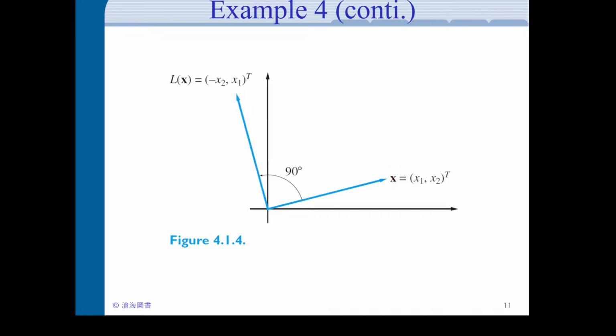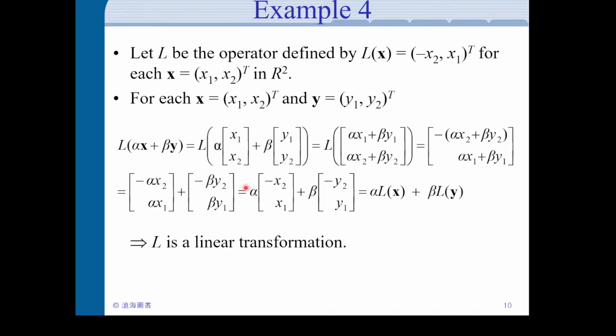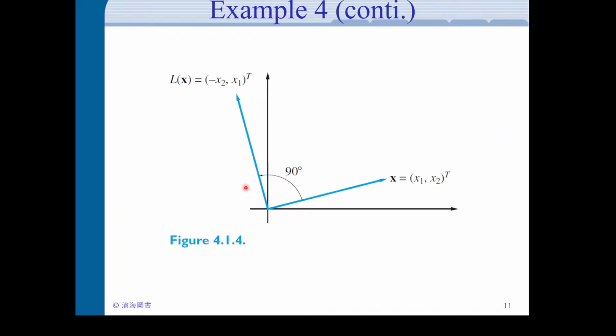So you have x1, x2 here, and the height is now x1, and this is x2 here, and now this is minus x2 here. Okay. And you can work out the details, and you see that this is the rotation by 90 degrees.